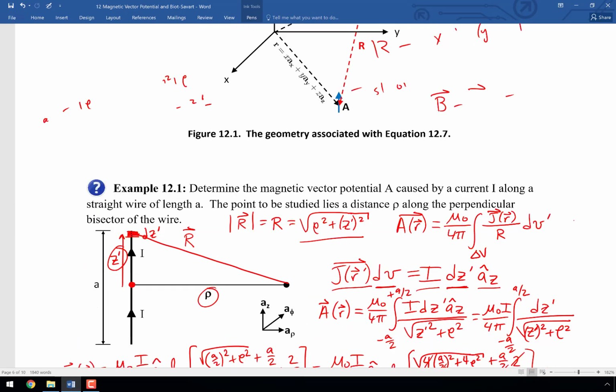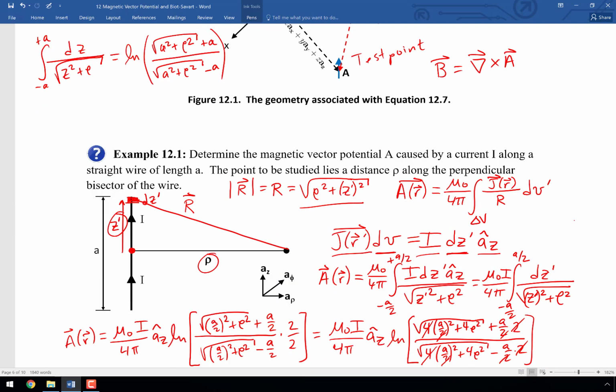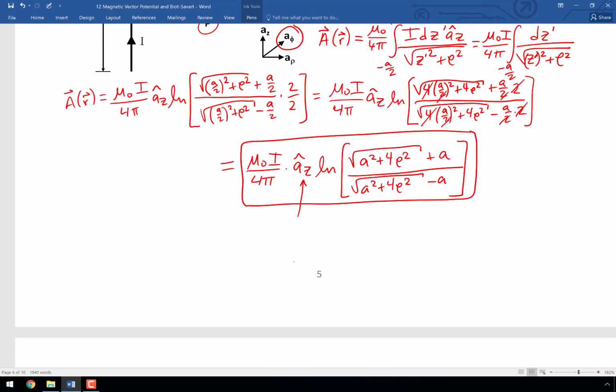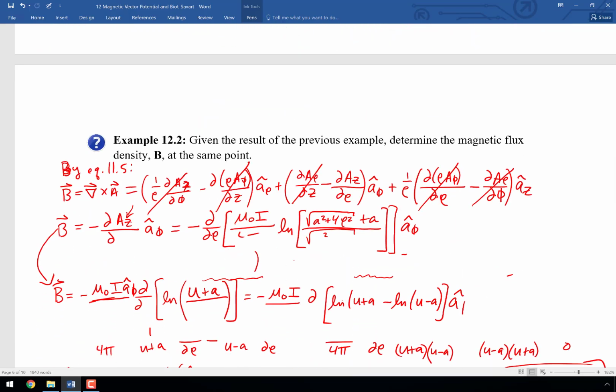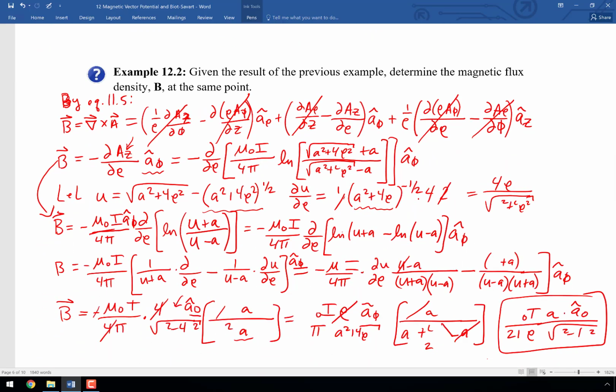If you put your thumb in the direction of the current density, and you see where your 4 fingers are going when they intercept the page at the point that we're considering, well, my 4 fingers on my right hand are going into the page. And into the page, according to this little legend right here, is positive a sub phi. So it seems that not only have we correctly gotten all the unit vectors, but we've also kept the sign correct as well.